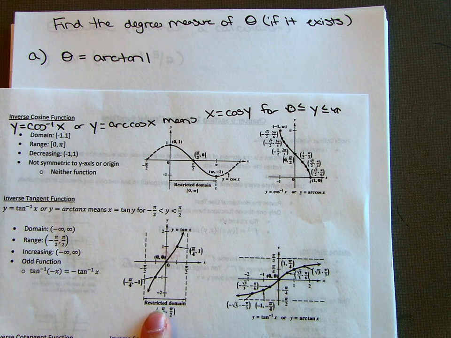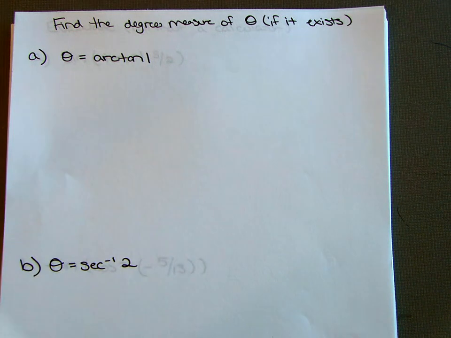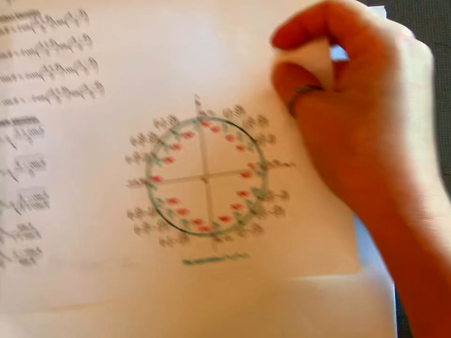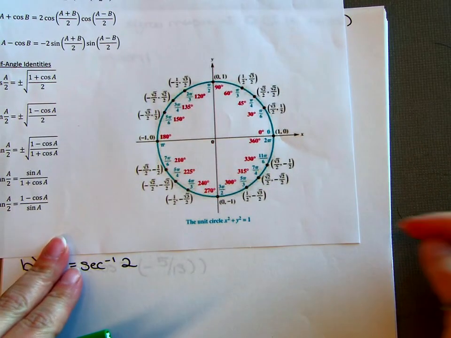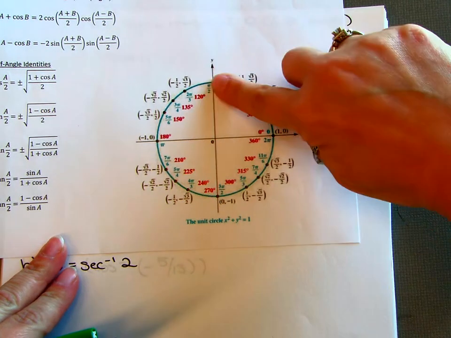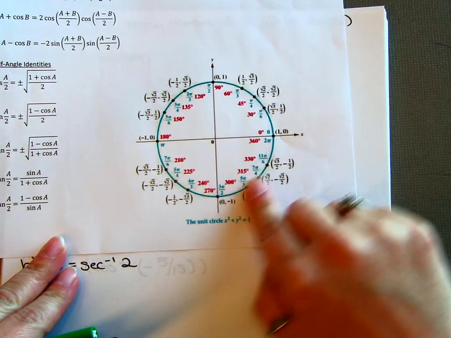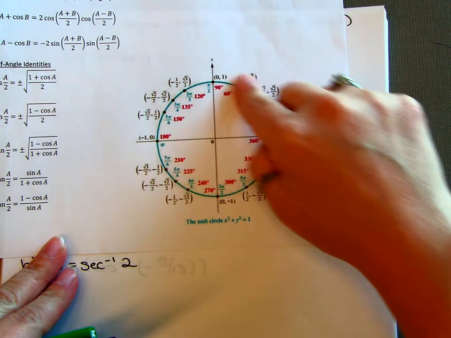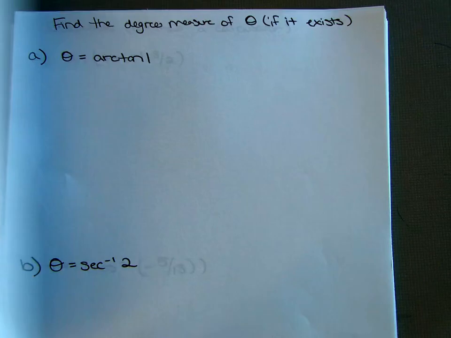And so we are going to be restricted between -pi/2 and pi/2. If you think about the unit circle, which is on the chapter 5 handout, if we're talking about -pi/2 to pi/2, we're actually talking about down here all the way up. So this right half of the circle is what we are limited to when we are talking about our arctangent.